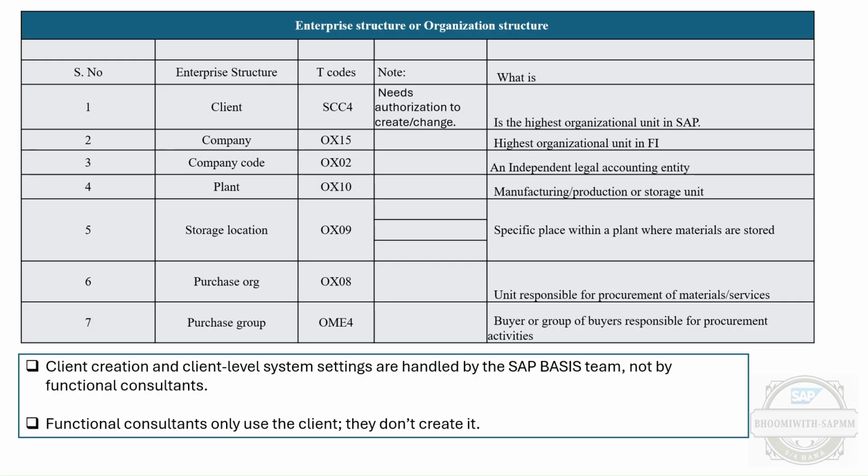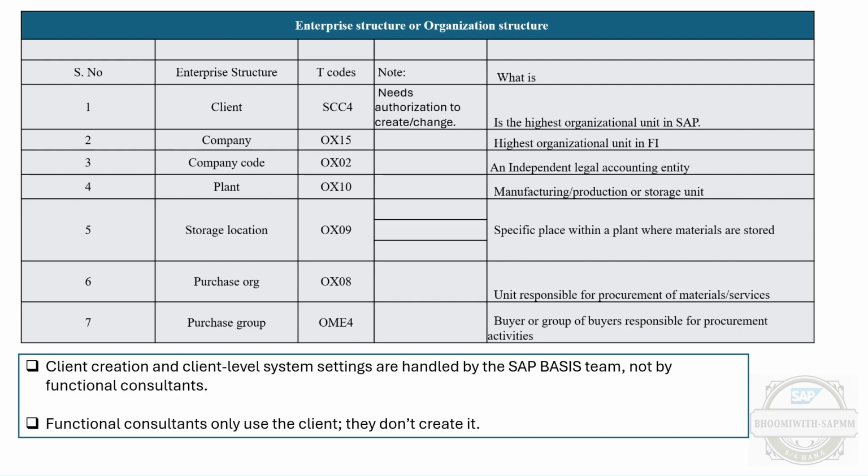Now, what is a company? A company is the highest organizational unit in FI. What is a company code? It is an independent legal accounting entity. Plant: a manufacturing, production or storage unit.